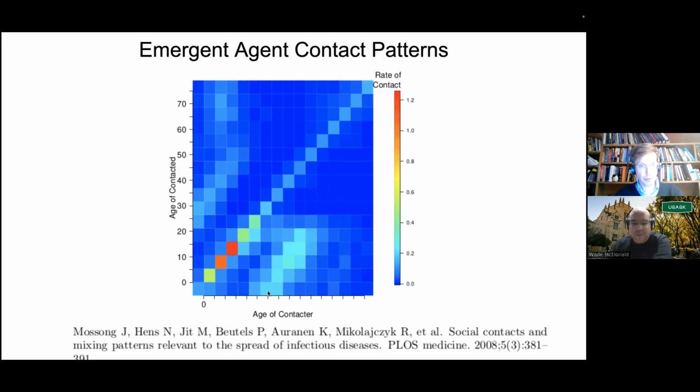The off diagonal areas represent child-parent contacts, and then some of these other outlying areas represent child-grandparent contacts. This was compared to the Mossong et al. study, also known as Polymod, done in Europe. The figure you're seeing is emergent output from this model, however.